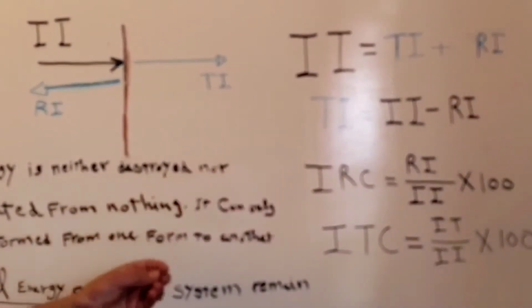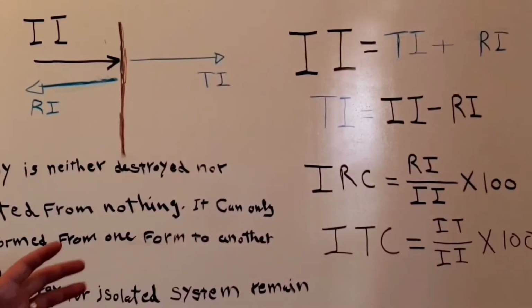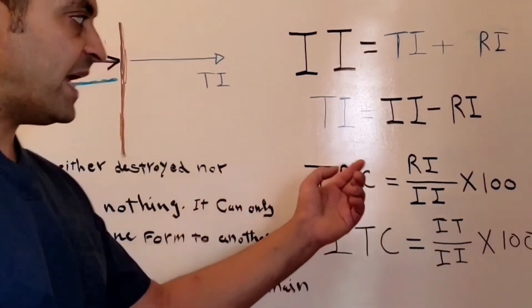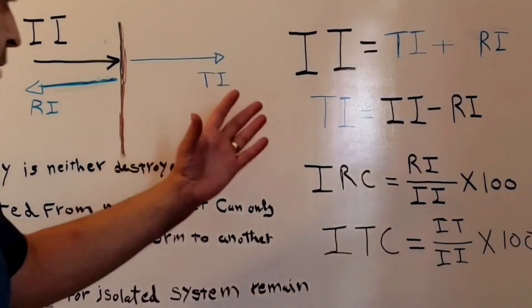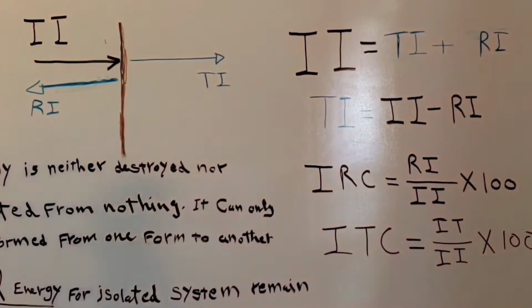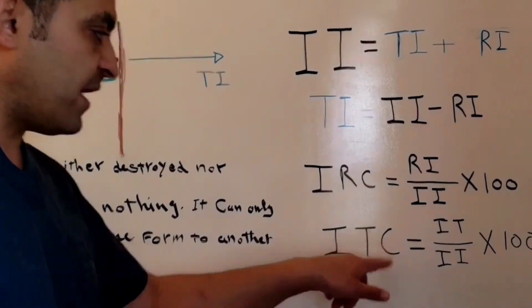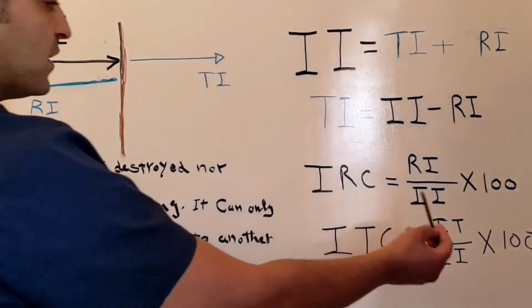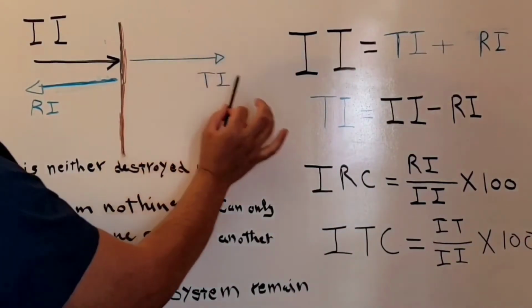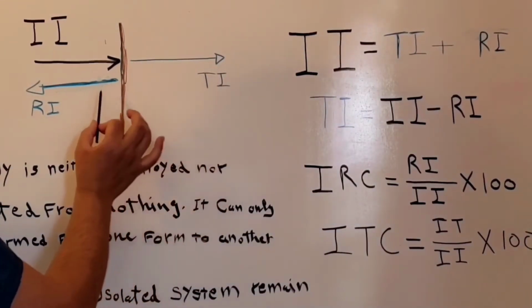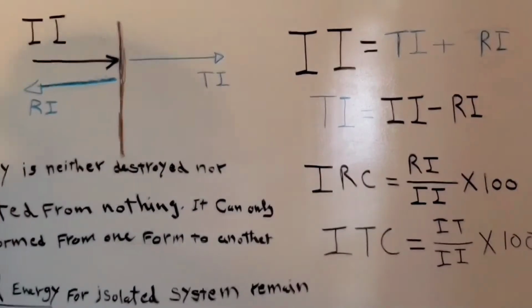The intensity reflection coefficient is the percentage of the reflected sound beam, so how much in percentage of this sound beam will reflect back. And we also can calculate the intensity transmission coefficient: how much in percentage the beam was transmitted and how much percentage was reflected.